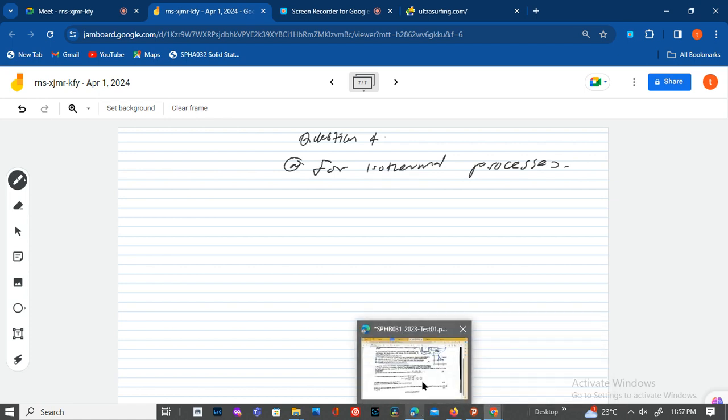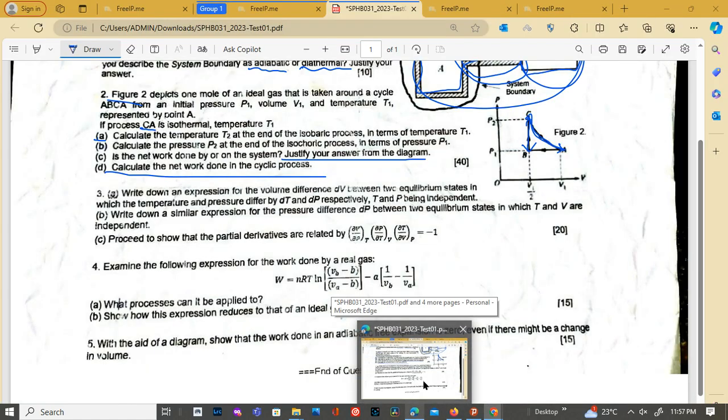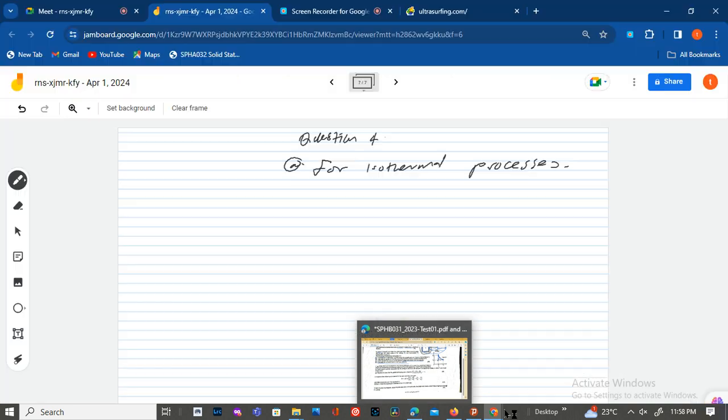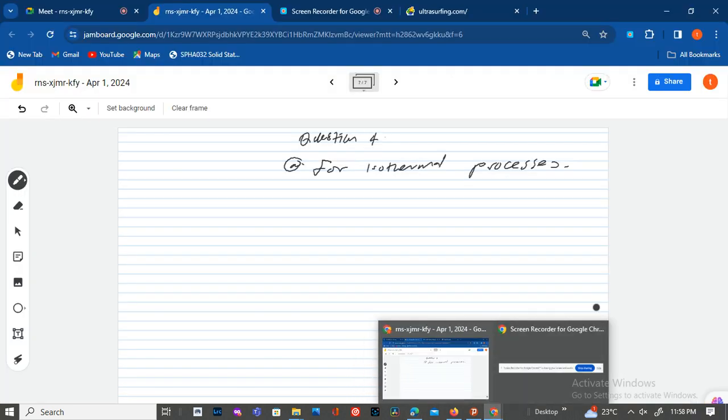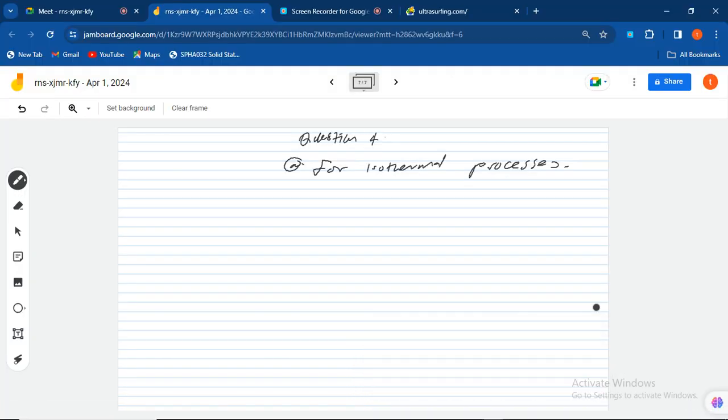And the next question, they say, show how this expression reduces to the one of an ideal gas. This is part B. I want to show how this equation is related to the real gas equation, because this is an ideal gas equation.